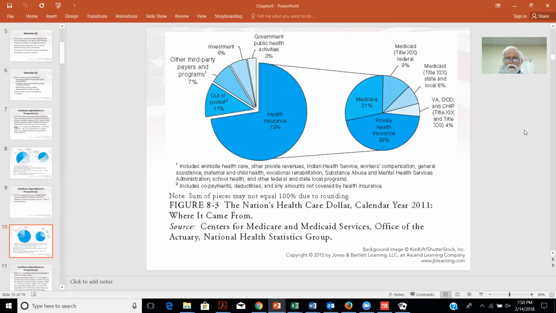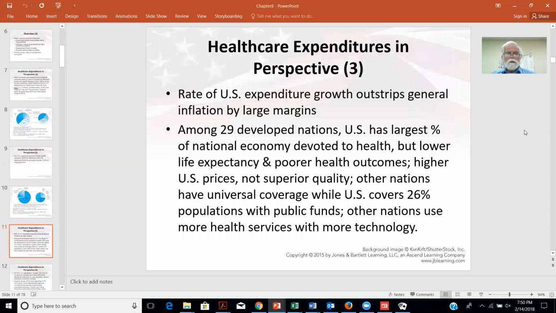Title 19 federal Medicaid payments represent 9%, state and local 6%, and then other programs like the VA, the Department of Defense, and Children's Health Program, and Title 21 are a small portion of it again.